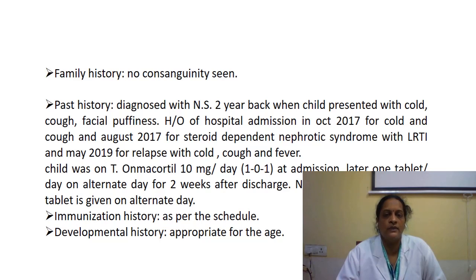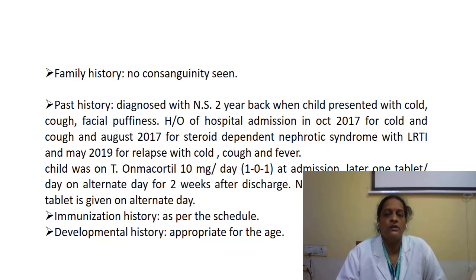History of hospital admission in October 2017, when the patient had the same symptoms, and the child was on tablet Omnacortil, whose generic name is prednisolone, 10 milligram per day, BD, started during admission. Later, one tablet on alternate days for 2 weeks after discharge.